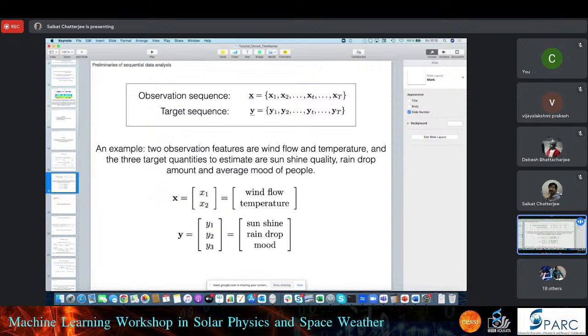X can have 2 coordinates like wind flow and temperature, and y has 3 coordinates, maybe y1, y2, y3. Y1 maybe I would like to predict how much sunshine will be there, how much raindrop will be there, what will be people's mood. Okay, by seeing the inputs, wind flow and temperature. Okay, it's a valid problem.